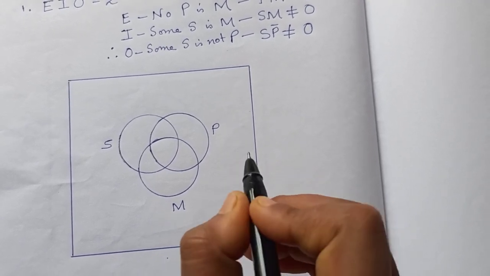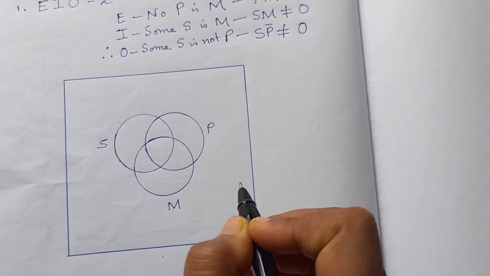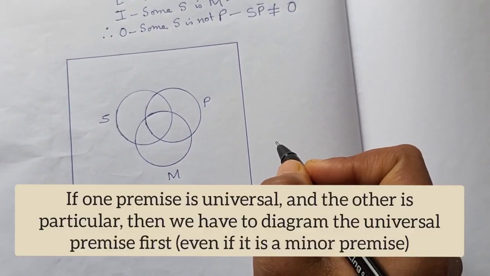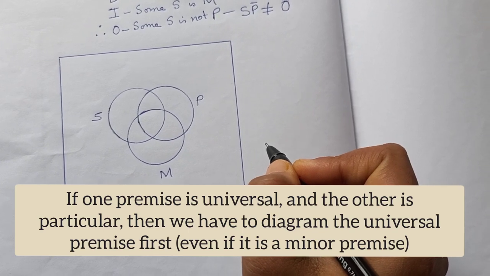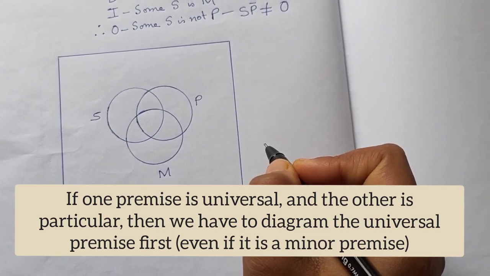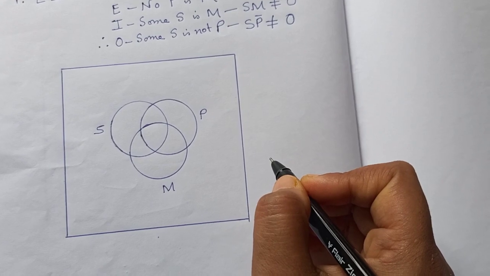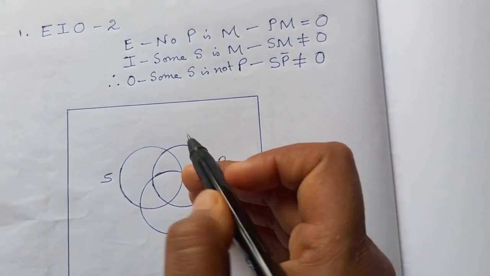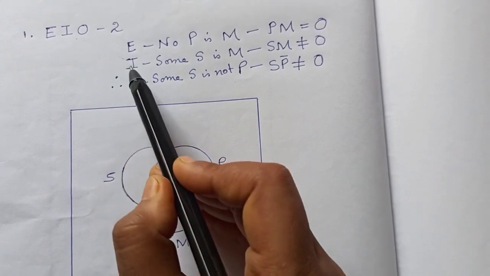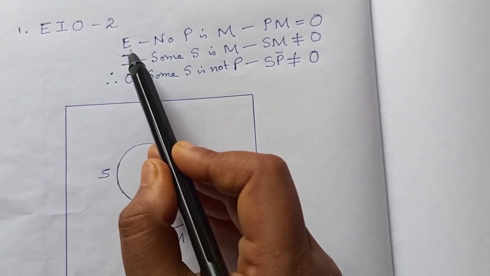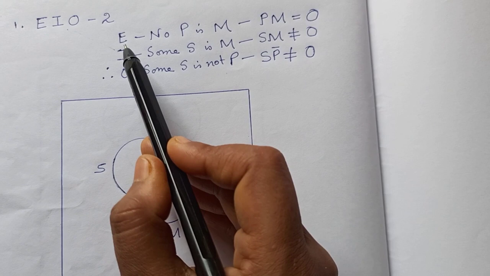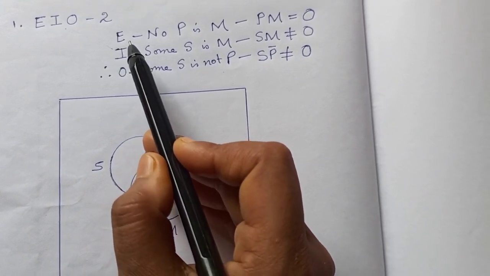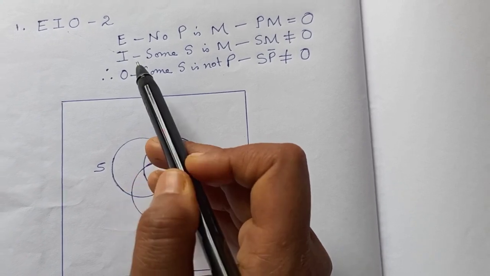Now, what is the second rule? The second rule is that if one premise is universal and the other is particular, then we have to diagram the universal first. Even if it is the minor premise, we have to diagram the universal premise first. Now see, in this syllogistic form, the major premise is a universal proposition, an E proposition. So we have to diagram the universal premise first.